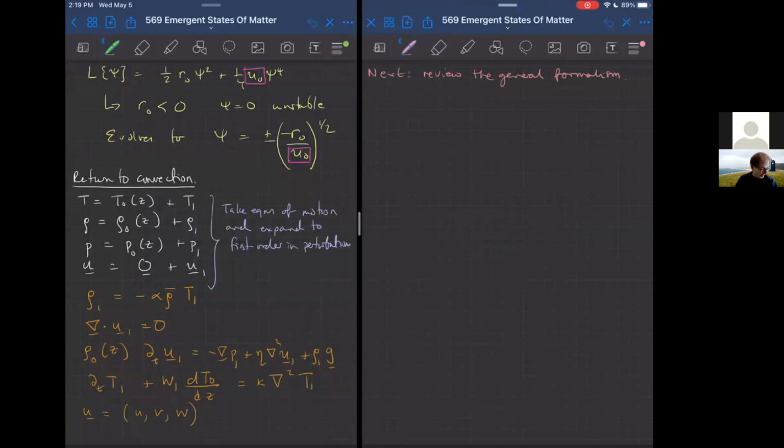Okay, so let's suppose that we have some field psi, which could have many components, as a function of space and time. It's got some evolution equation, which looks something like this, where N is meant to be some spatially dependent nonlinear operator.